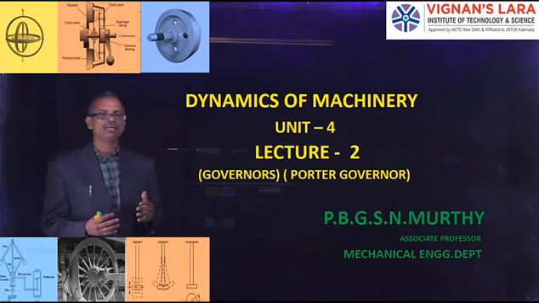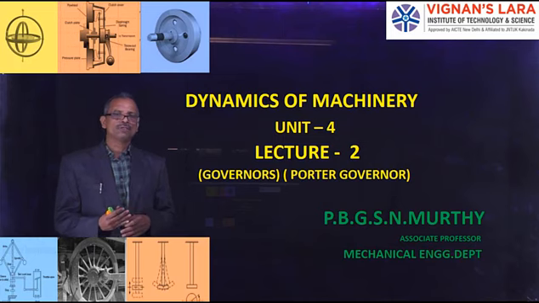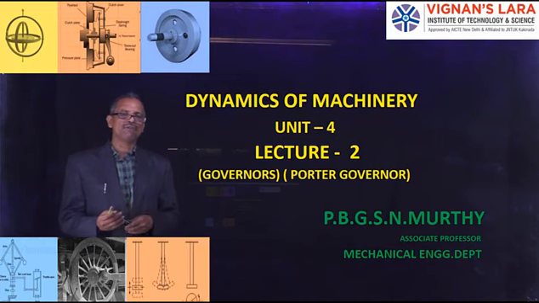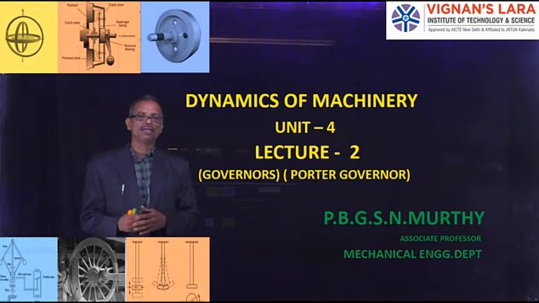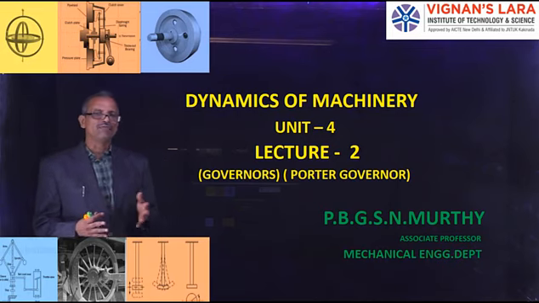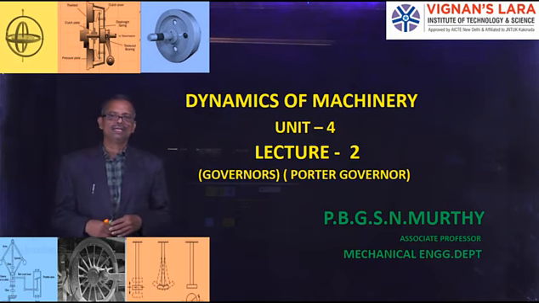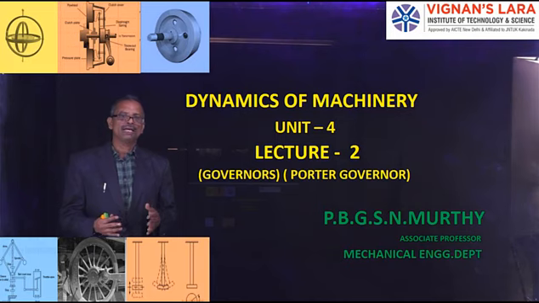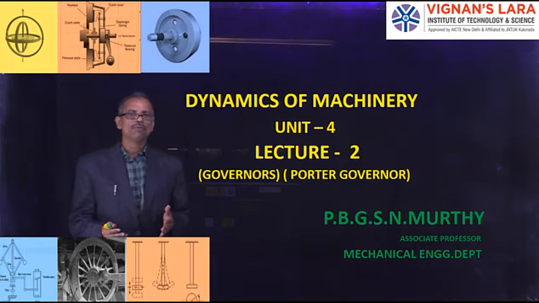It's not even 1 mm. With a small lift of say half a mm or 1 mm, we may not be in a position to control the speeds properly because there is always friction involved. That friction itself may absorb the small lift displacements. That is why we are moving to another governor, which is called the Porter governor.